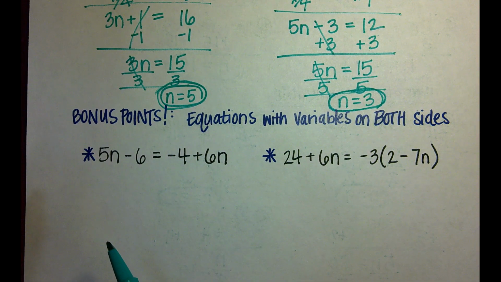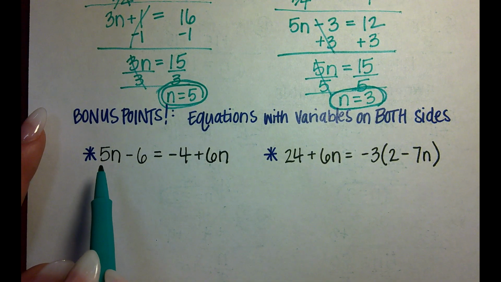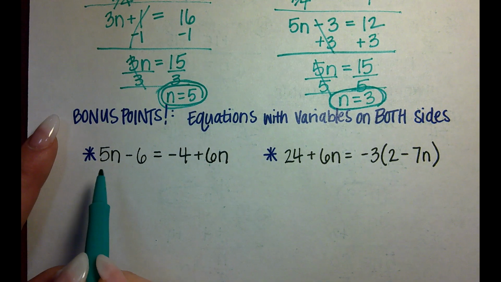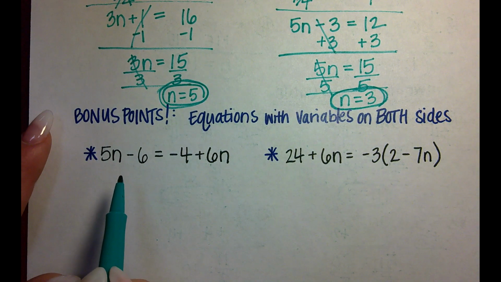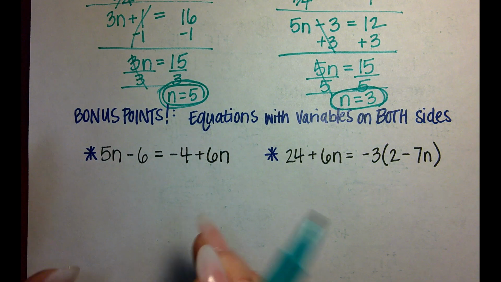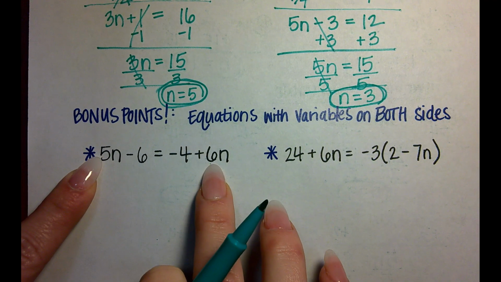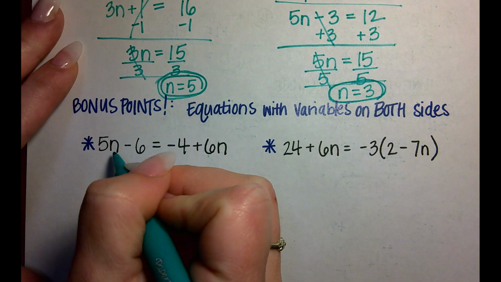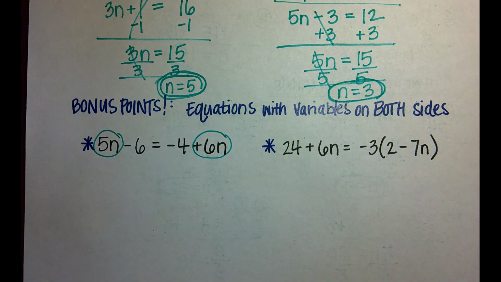Do you guys remember? It's been a long weekend. You've got to combine like terms. Yes, we are combining like terms. If I have numbers with the same variable, like 5n and 6n, they both have n. I need to get these together. Remember, I can add and subtract like terms, like we did in Unit 1.